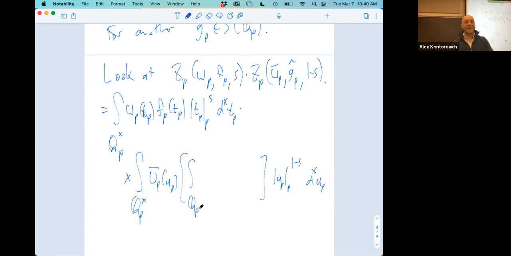It's the integral over Q_p, not Q_p cross, of g_p, I need a new variable, v. You remember our p-adic additive character, e to the 2 pi i, v_p u_p, d v_p. Let me give you a minute to write all that down. All we're doing is writing out the definition of Z_p, writing out the definition of the other Z_p, and writing out the definition of g hat.